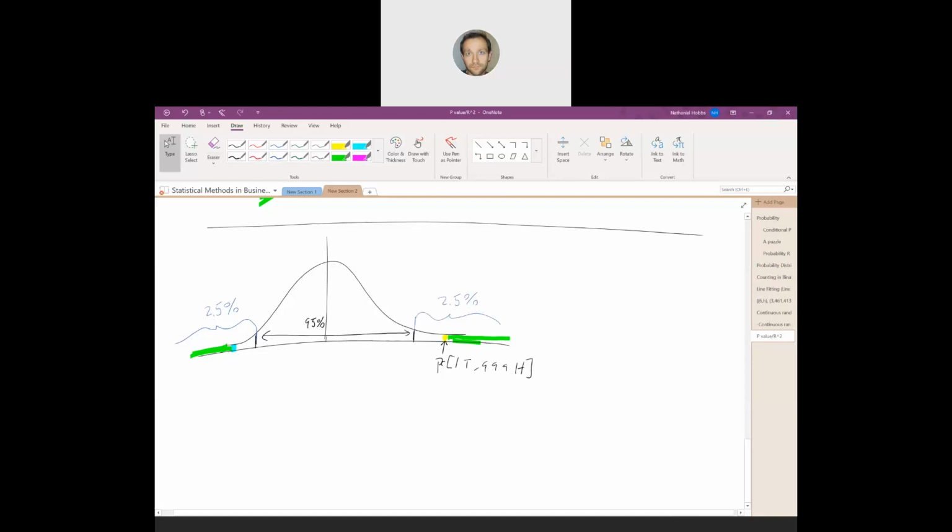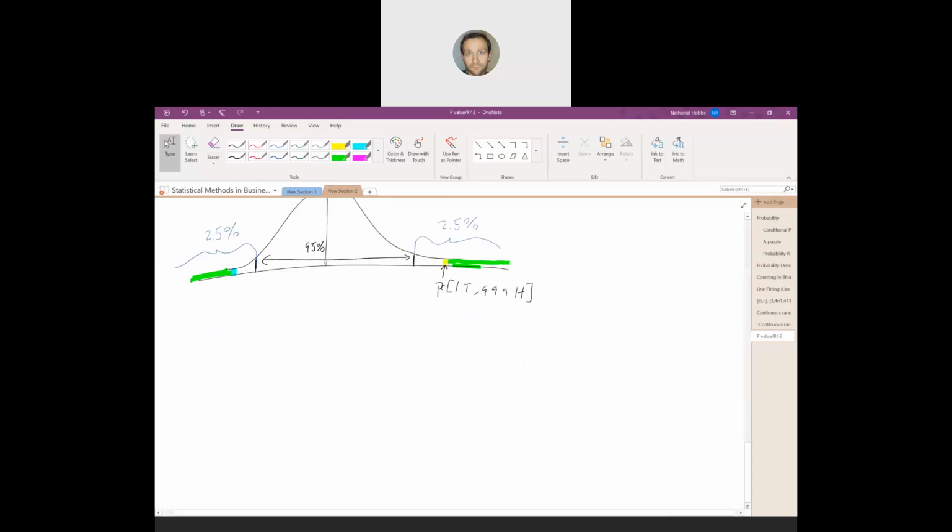So the p-value that we calculated would be taking the area under these parts of the curve. And that is less than 5%. So this is another way of thinking about a p-value in terms of areas under a curve, areas underneath a probability distribution curve. All right, r squared.